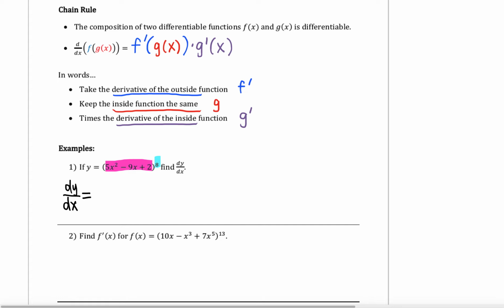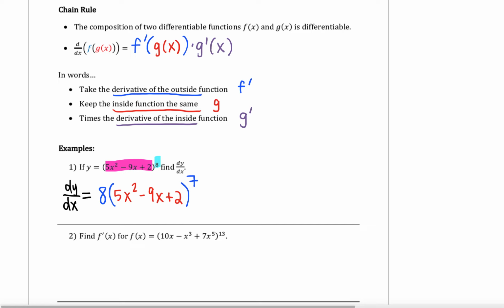I'm going to start by taking the derivative of the outside function, this 8th power. To take the derivative of something to the 8th power, we bring down the exponent of 8 using the power rule, and our new exponent would be all of that, whatever the base is, to the 7th power. Our input here is the 5x squared minus 9x plus 2.